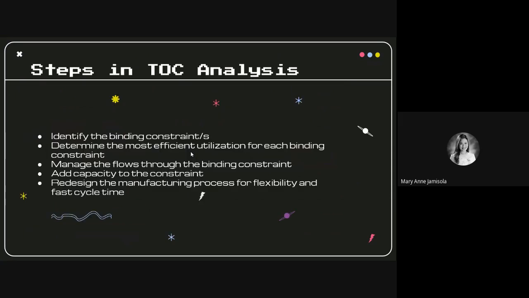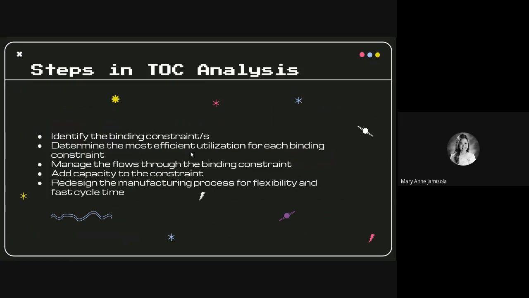So what are the steps in TOC analysis? First step is to identify the binding constraints, to look for the constraint. Second is to determine the most efficient utilization for each binding constraint. So in this step, the management accountant determines how to most effectively utilize the firm's resources.